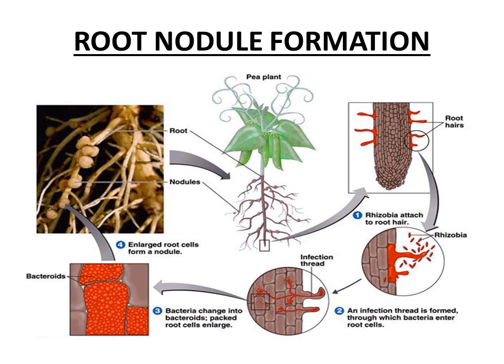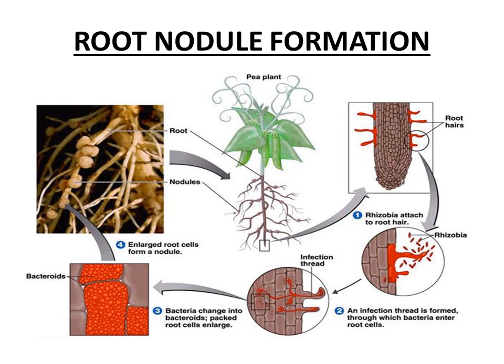The layer which has been formed due to the accumulation of the plasma membrane is the symbiosome, produced by the plant. Such deformed structures are called bacteroids.